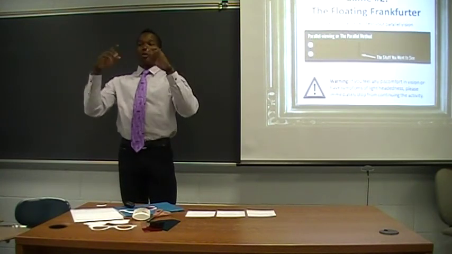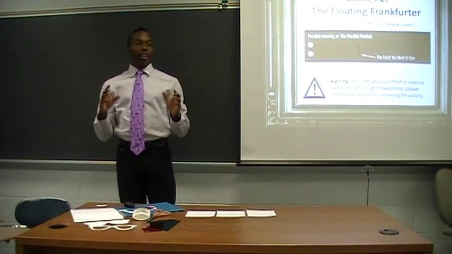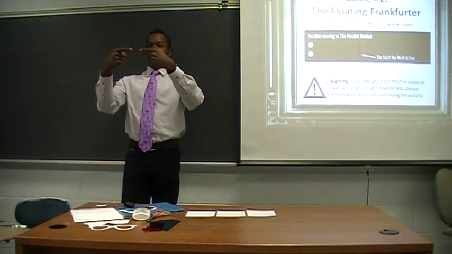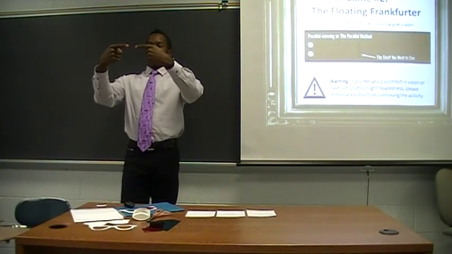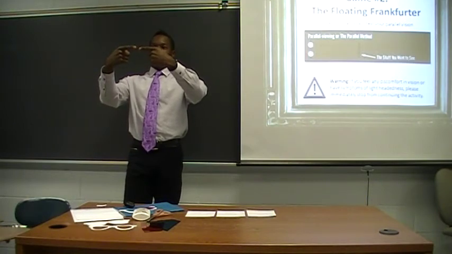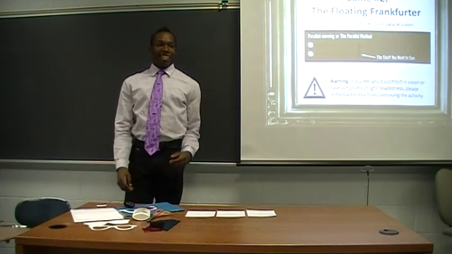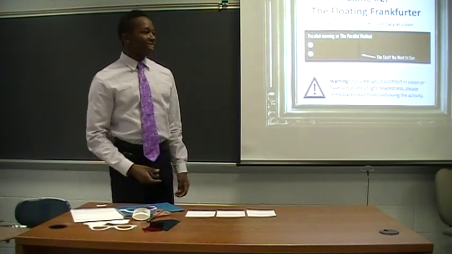Now, do not stare directly at your fingers. Look past your fingers, and you're going to see in your peripherals that your two fingers are meeting together, and then you're going to have a floating Frankfurter. Some people see it, some people don't, but it's alright.